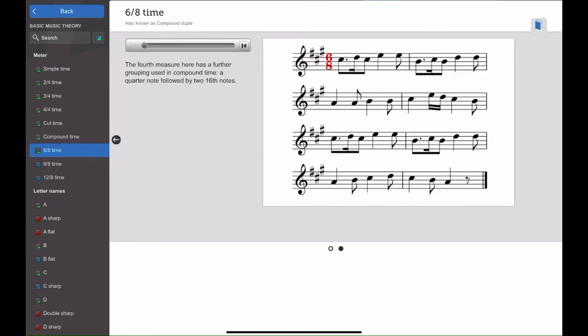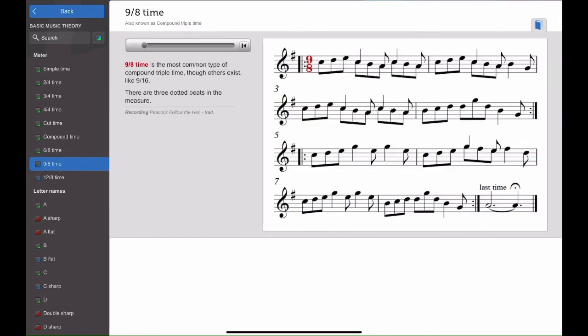Notice the jig, as you hear the grouping 1 2 3 1 2 3 1 2 3 1 2 3 really quickly. Another example of 6/8. Now let's go to 9/8.